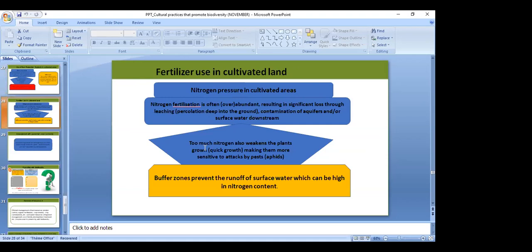ecosystem in the environment. Now, we move to fertilizer use in cultivated areas. The commonest fertilizer we use is nitrogen oriented. And we are all familiar with NPK 15-15-15, 20-10-10, depending on the specification of fertilizer we want to use on our various farms. So we have nitrogen pressure in cultivated areas. And again, now we cite an instance of maize.